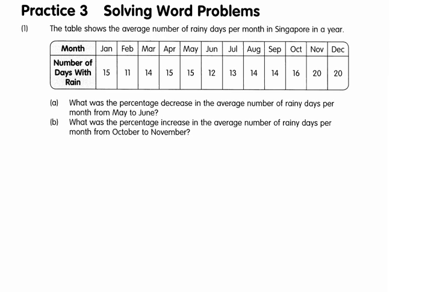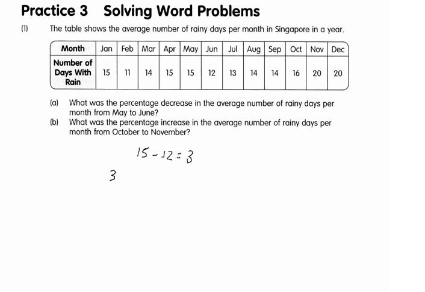So we're comparing 15 days in May and 12 days in June. So there's a decrease in the number of days, right? Correct? So we know there's a decrease of how many days? 3 days, right? 15 minus 12 equals 3 days. So since they want to find percentage decrease, I must use 3 over what, Xuan Wei?